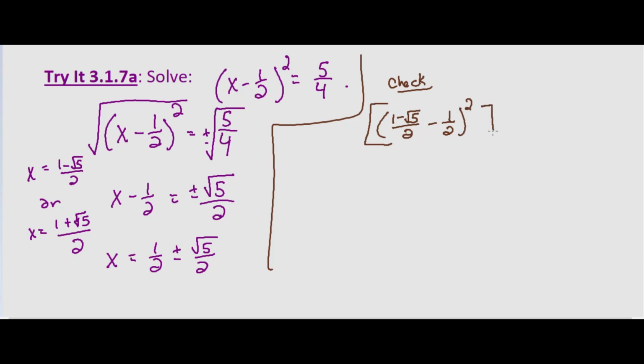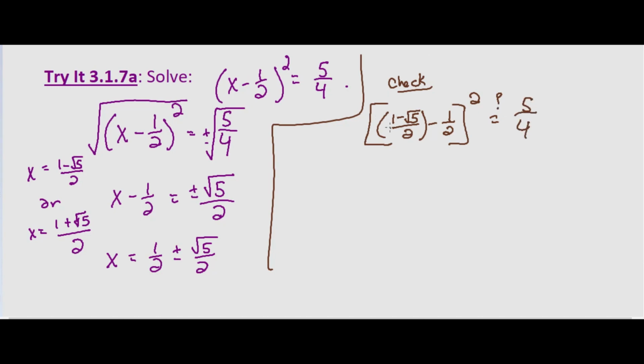We want to know, does that equal 5/4? I guess I should have written it this way if I'm going to do it syntactically correct. That was the point of using the bracket.